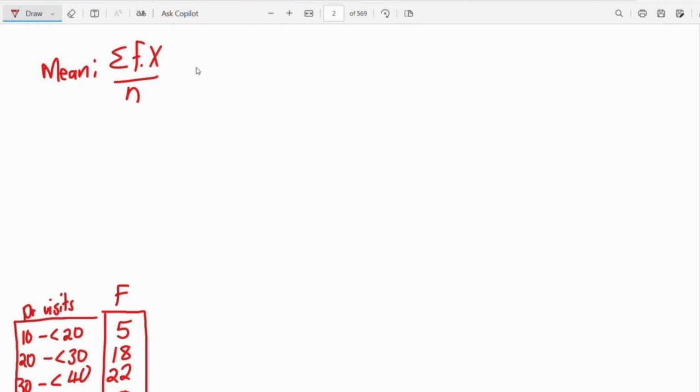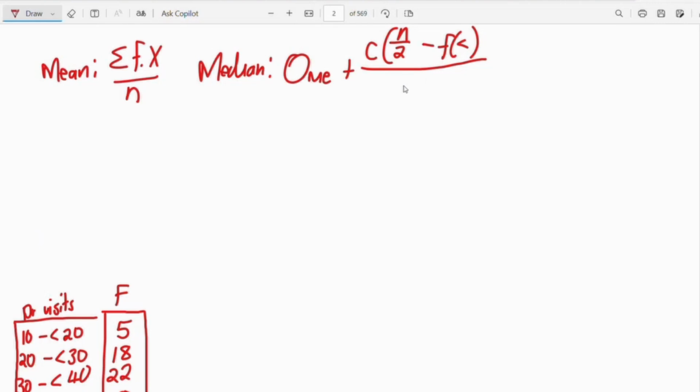And then for median, it will be L plus C, where L is the lower limit, C is the width of your interval, and n divided by 2 gives you the position of where your middle number will be, minus the cumulative frequency value before the interval you have chosen, divided by the frequency value in the interval that you have chosen. And this is the mode.